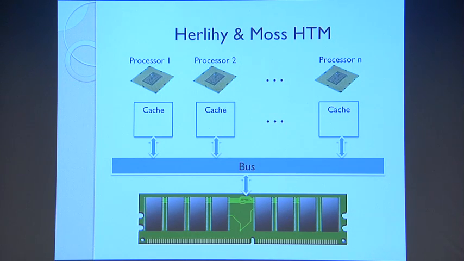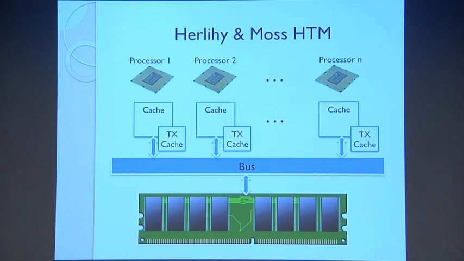So what Herlihy and Moss said, OK, let's use the same idea of a bus and the Snoopy cache coherence protocol. Instead of just a single cache for each processor, we'll also add something that's called the transactional cache. So each processor will have its regular cache and the transactional cache.